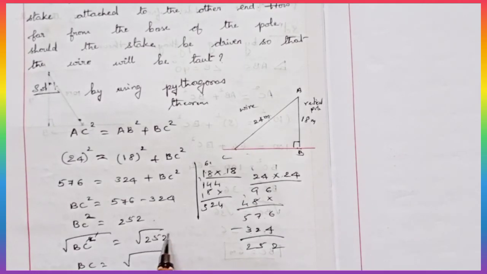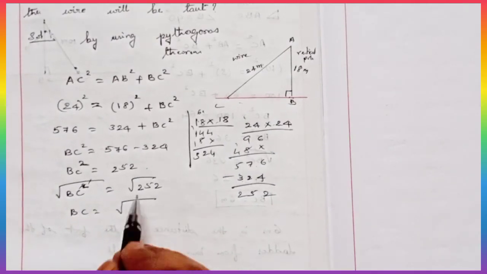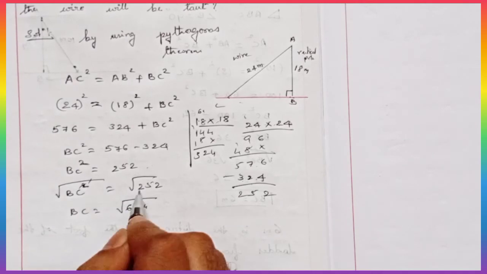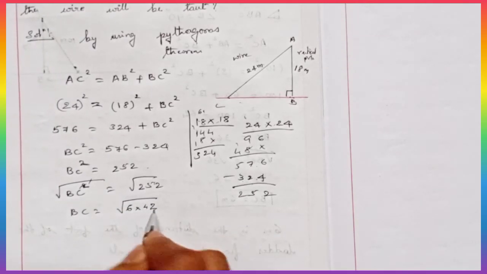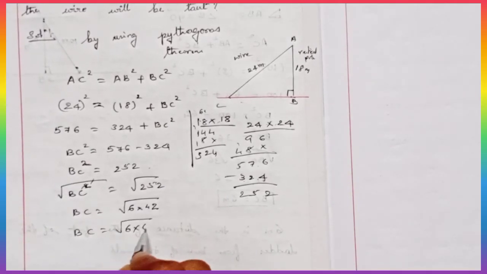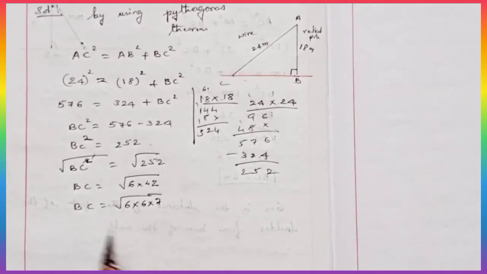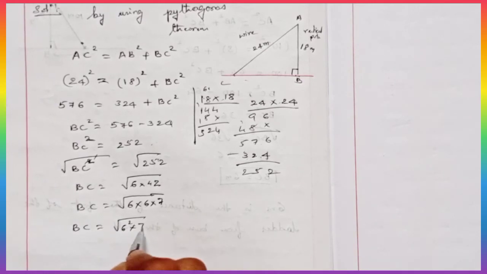It is a multiple of 6. If you carefully observe here, 6 4s are 24. In 25, if I take out 24, 1 remains. It becomes 12. 6 2s are 12. Once again, 42 comes in the table of 6, that is 6 7s are 42. So 6 has been repeated 2 times. So BC can be written as square root of 6 square into 7.